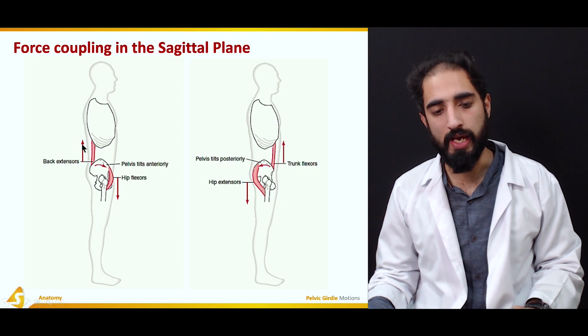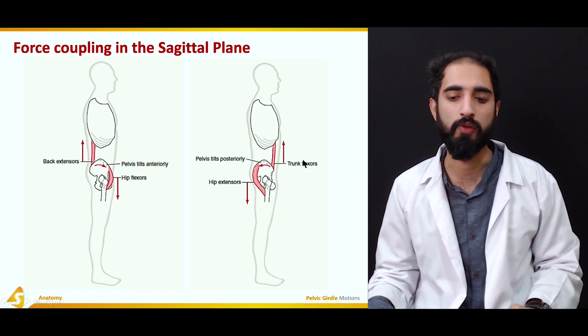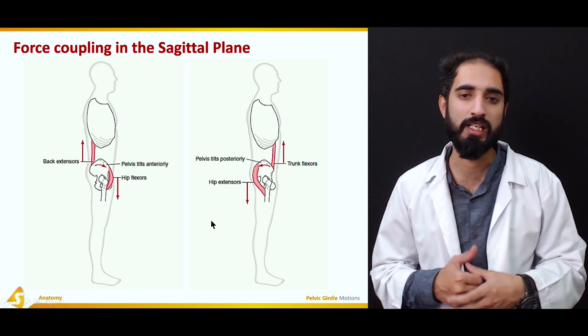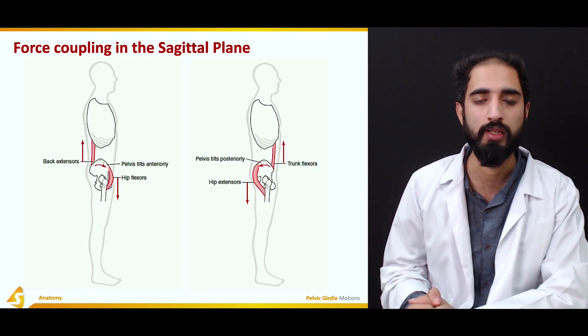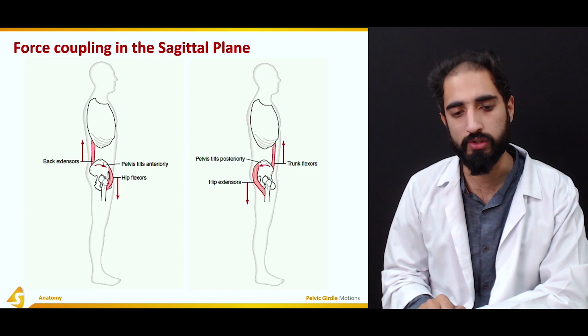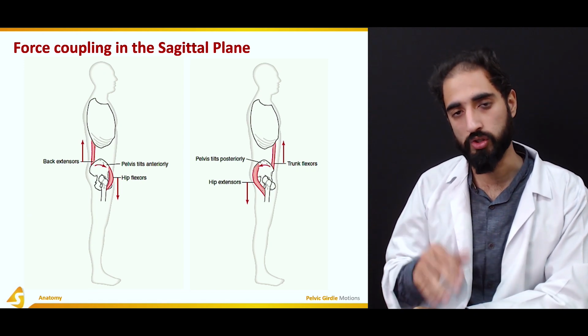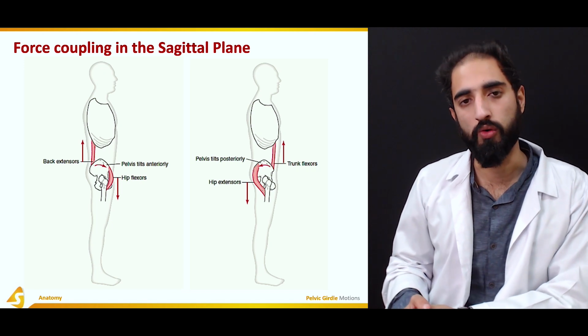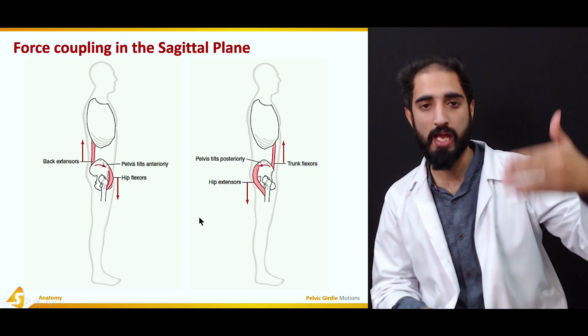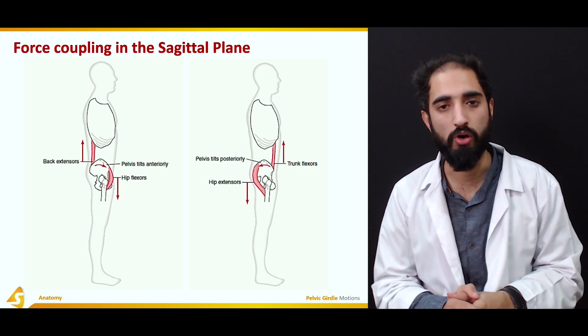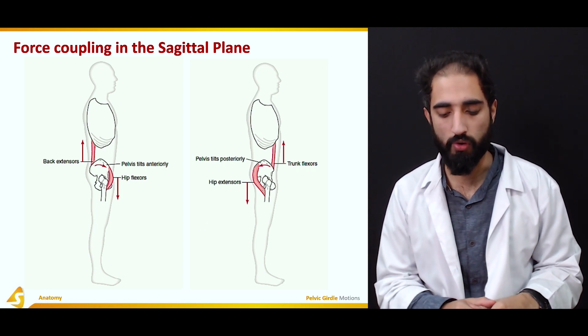So there is shortening of the hip flexors, shortening of the back extensors, weakness of the hip extensors, and weakness of the trunk flexors, and that eventually results in the increased or exaggerated anterior pelvic tilt and exaggerated lumbar lordosis, exaggerated thoracic kyphosis, and that can eventually lead to exaggerated cervical lordosis as well. And if there is exaggerated thoracic kyphosis and cervical lordosis accompanied with the lower cross syndrome, that becomes a kypholordotic posture.